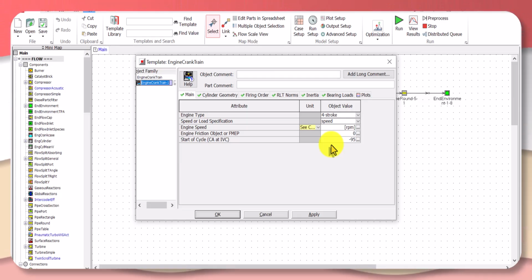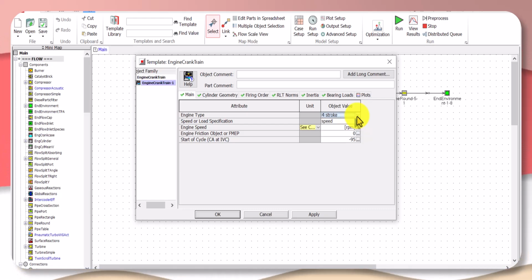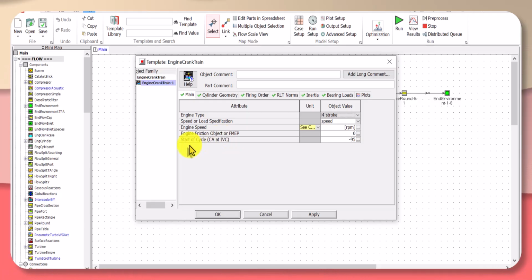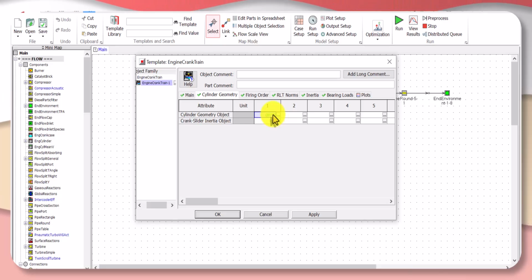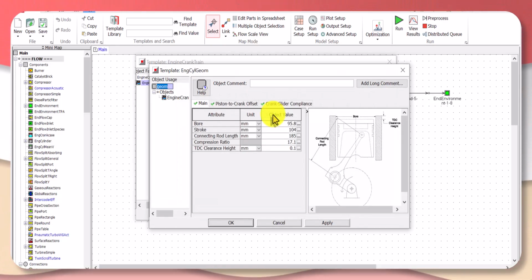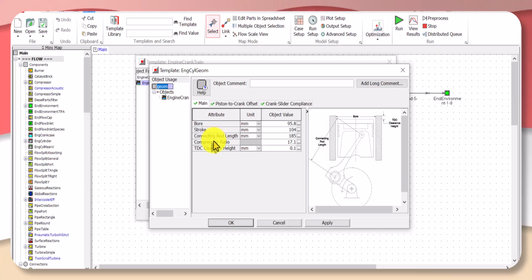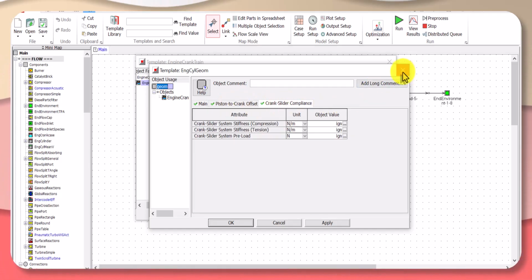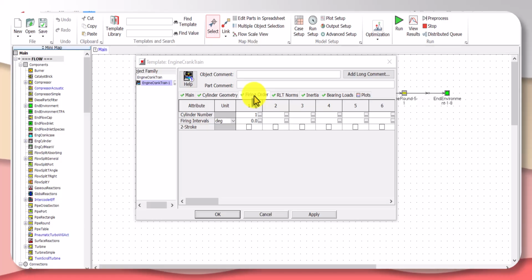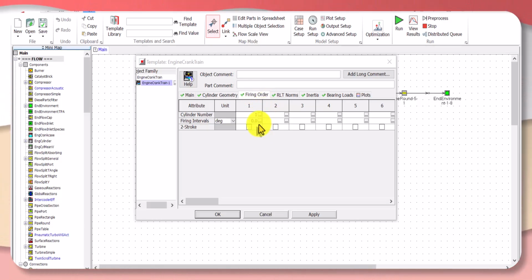For example, whether it is 4-stroke or 2-stroke, the start of cycle, and cylinder geometry such as bore, stroke, connecting rod length, compression ratio, and other things. There we have the firing order, that is for one single cylinder actually.